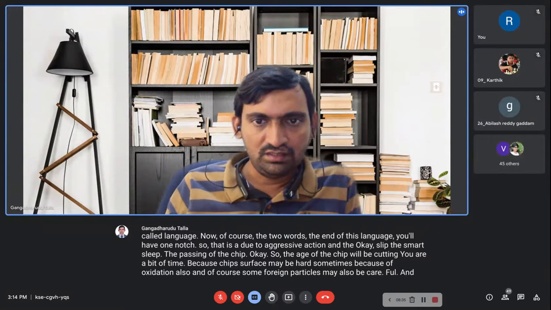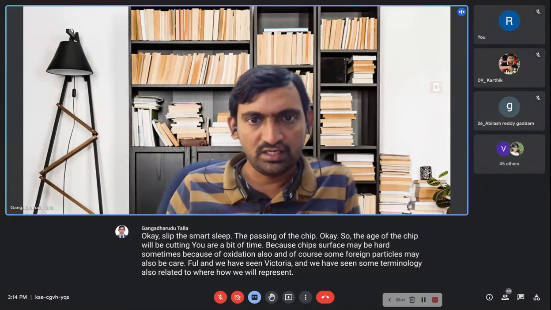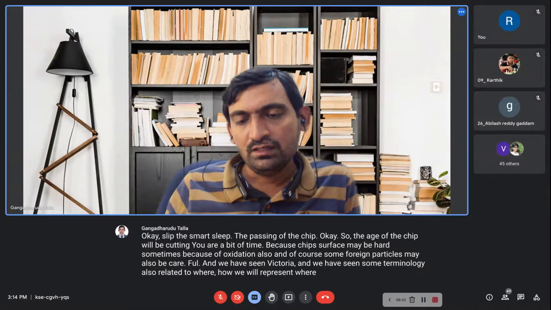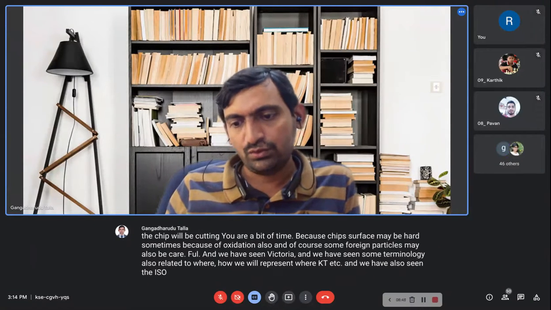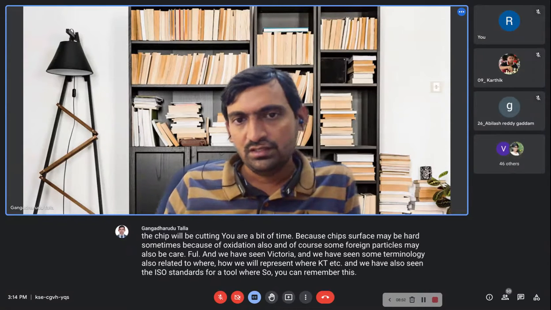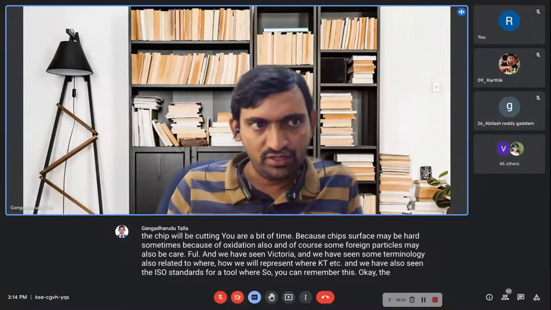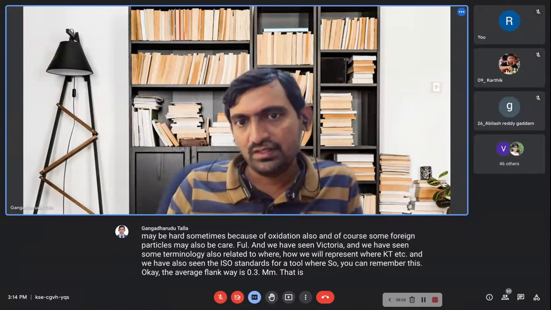And we have seen pictorially, and we have seen some terminology related to wear, how we will represent wear, KT, etc. And we have also seen the ISO standards for tool wear. So you can remember these. The average flank wear is 0.3 mm. That is one criterion.